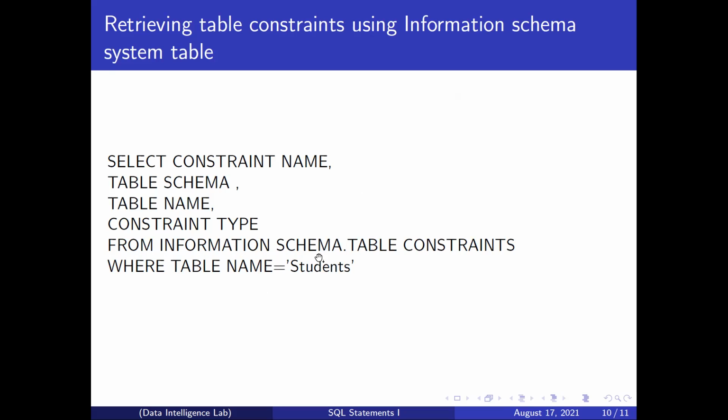One such example is the information schema table. The information schema table contains all the constraints defined on all the tables within that database. So to check the constraints defined on a given table, you just use this script on your screen and specify the table name. There is a click method as well of checking the defined constraints on your table.